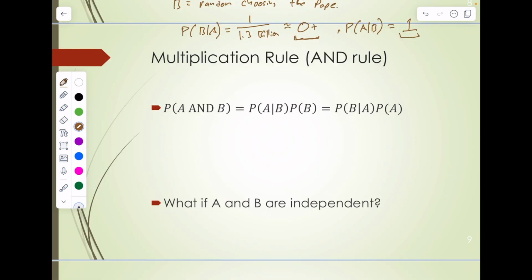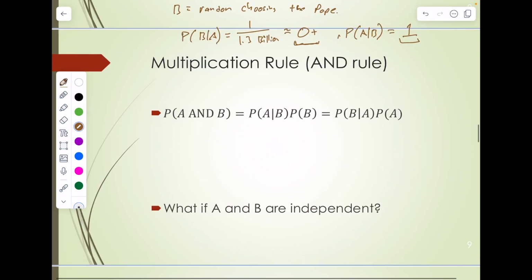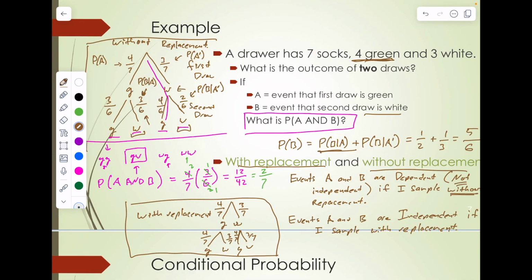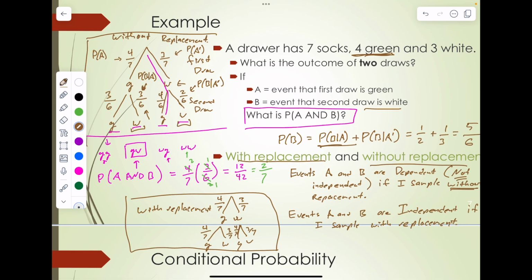Okay, so the multiplication rule is nothing more than what we basically discussed in this table right here. So, see, the probability of A and B is the probability of like this first choice, the probability of A times the probability of B given A. So that's what we have right here.